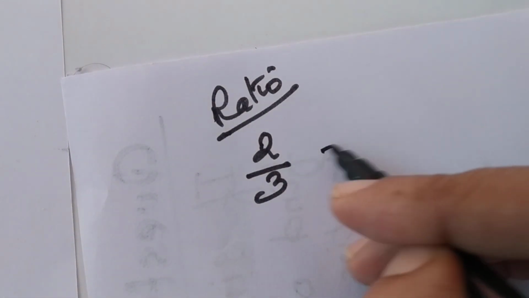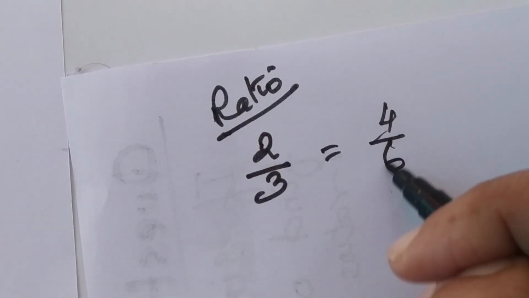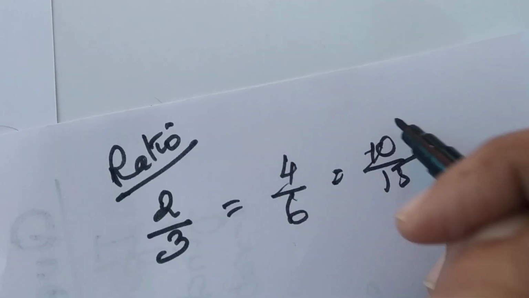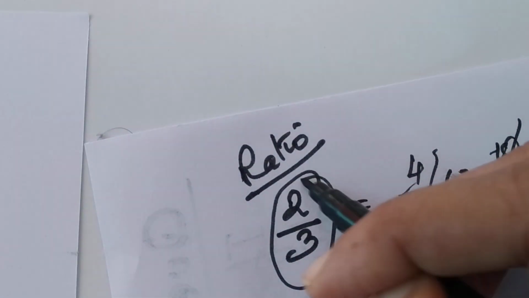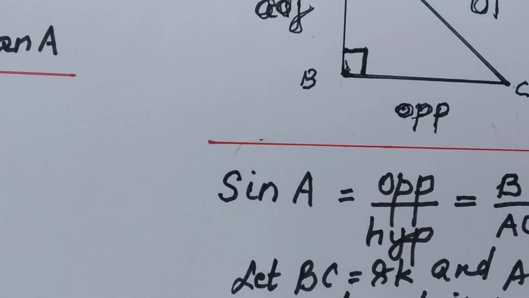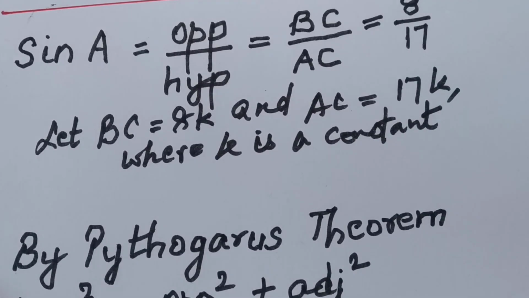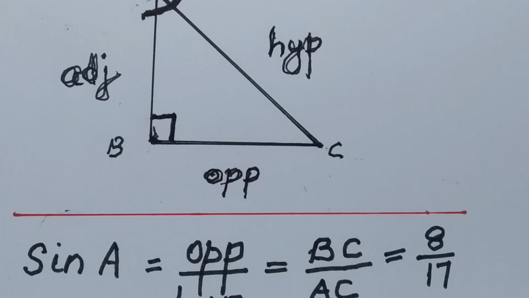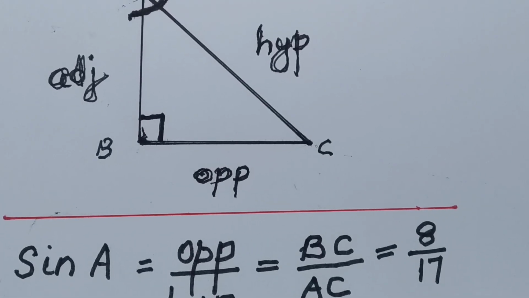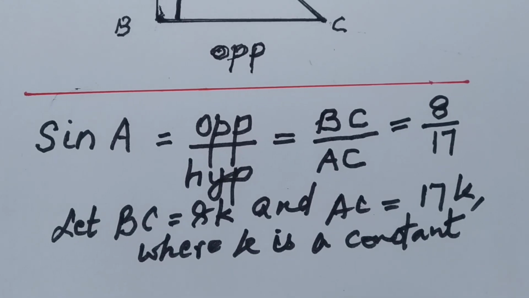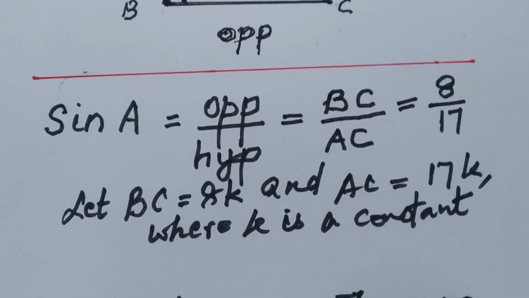The actual fraction could have been 4 by 6 or 10 by 15, which when reduced gives 2 by 3. So 2 by 3 is a ratio. It is not the actual value. In the same way, 8 by 17 is a ratio. It is not the actual side. So you can't say BC is 8 and AC is 17. That is the reason we say BC is 8K, AC is 17K, and K is a constant.